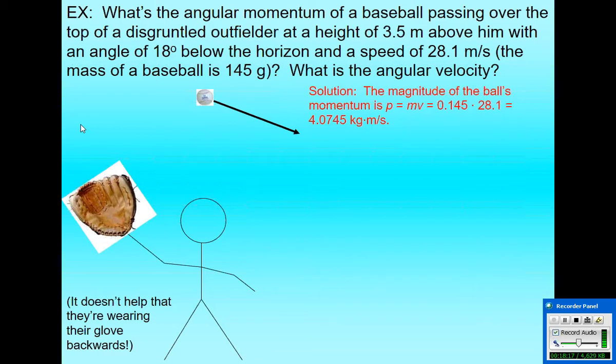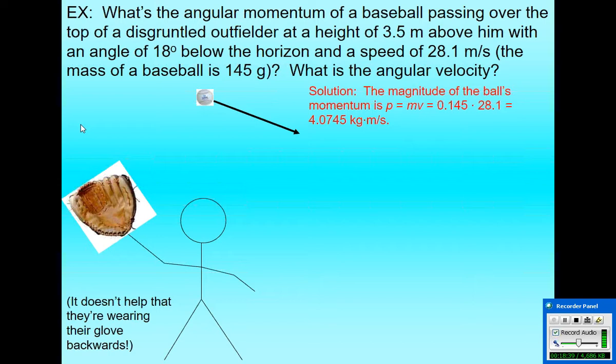It has a speed of 28.1 meters per second, and it is moving in a direction that is 18 degrees below the horizon. We'll assume that the ball, like a standard baseball, has a mass of 145 grams. And the question is, what is the angular momentum of this baseball?